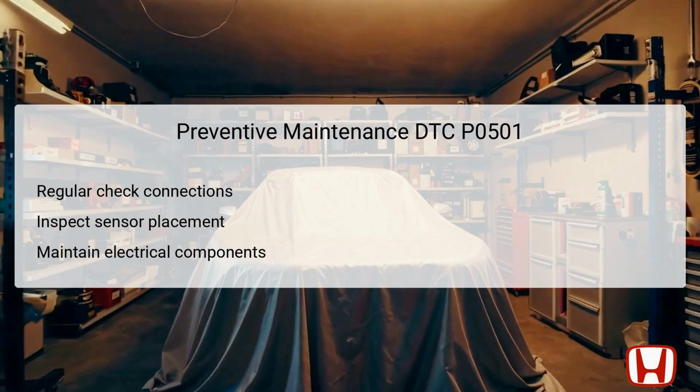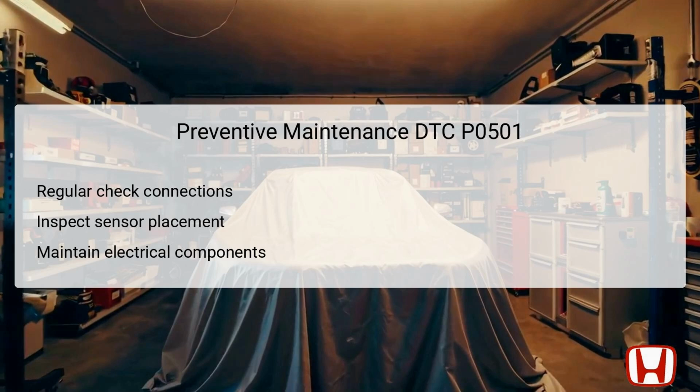Preventive maintenance is essential for avoiding issues such as DTC P0501 from arising in the first place. Regularly checking connections between the CVT speed sensor and the TCM helps to catch potential problems before they escalate. It's also wise to inspect the placement of the speed sensor during routine vehicle maintenance to ensure that it hasn't been dislocated or compromised.